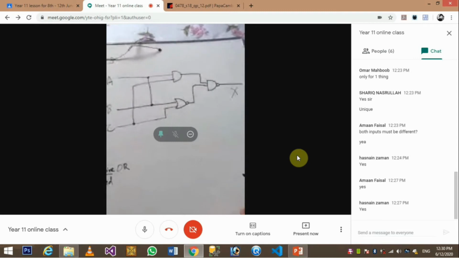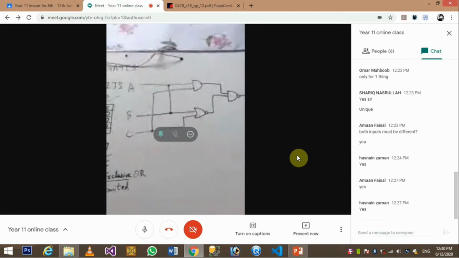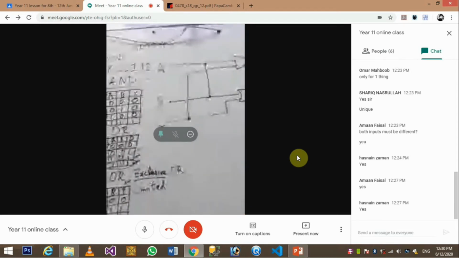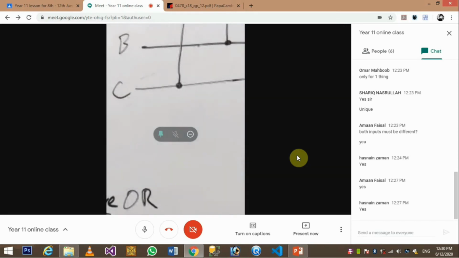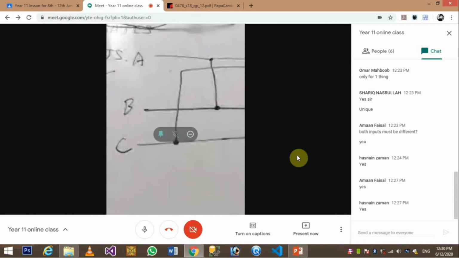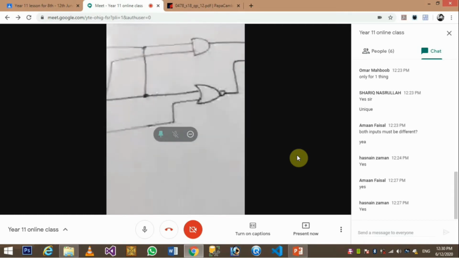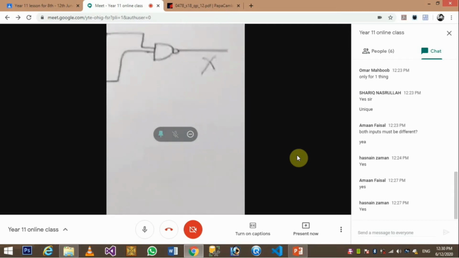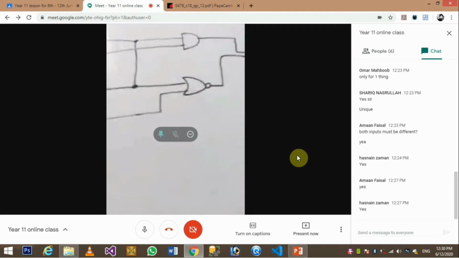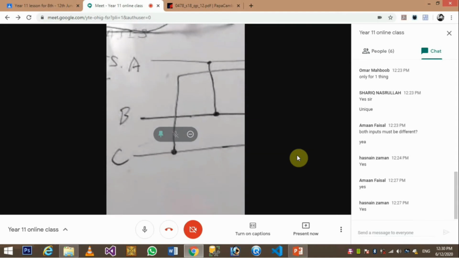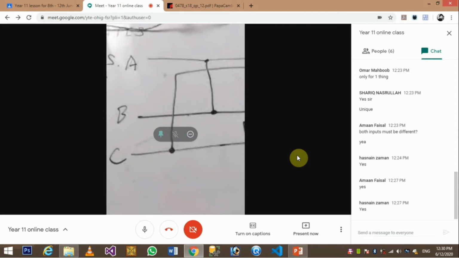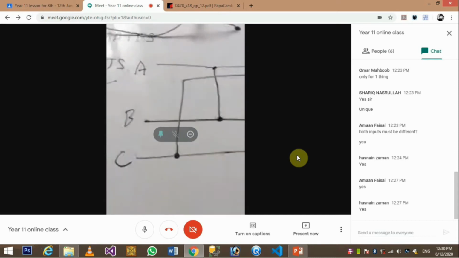Okay, so I have 3 inputs, A, B, C, right? I have 3 inputs which are connected like this with 3 gates, and we have 1 output, right? So in order to make the truth table of it, we need the number of inputs.